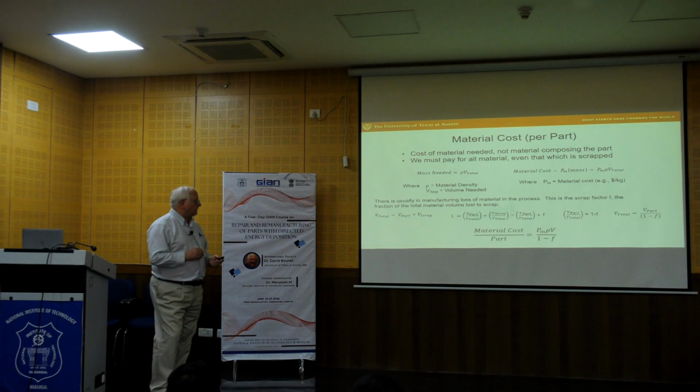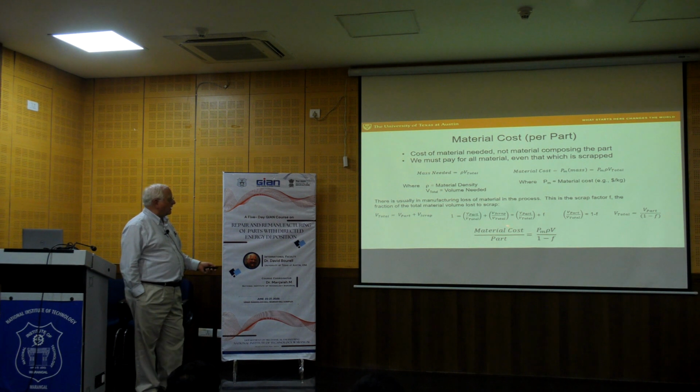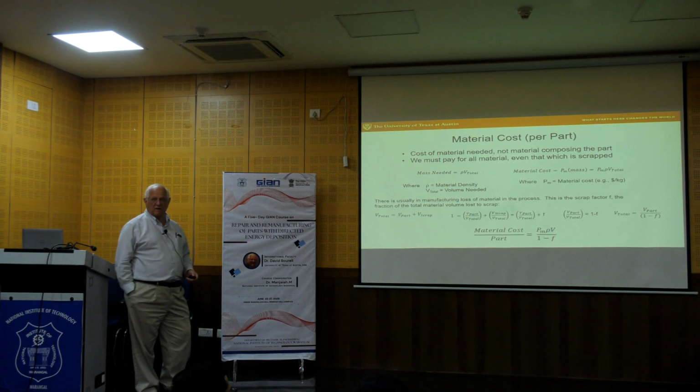And so what that looks like at the end of the day is that the material cost for one part is the cost of the material per pound or kilogram, times the density, times the volume of the part, divided by 1 minus F.